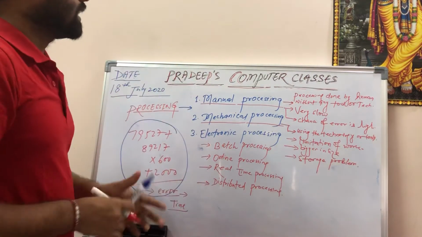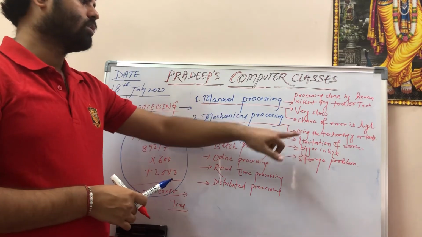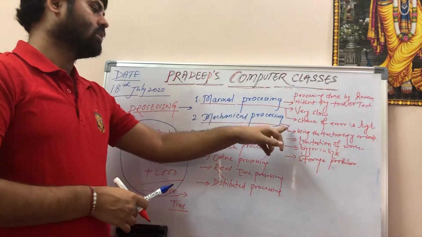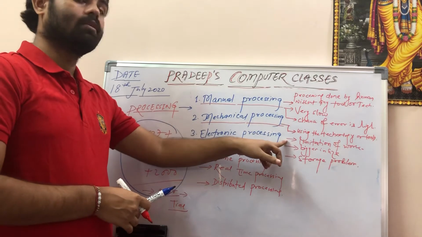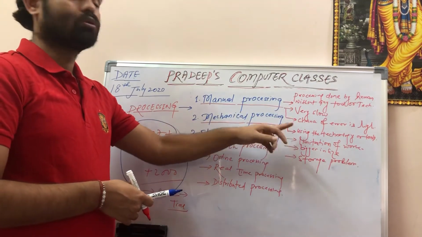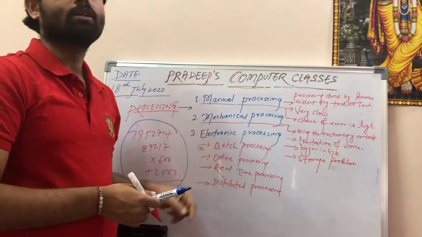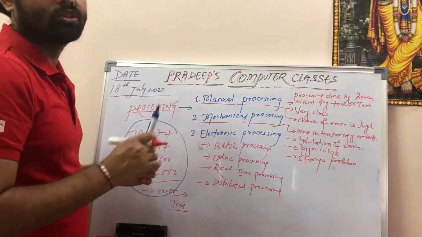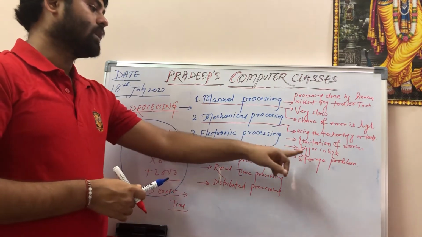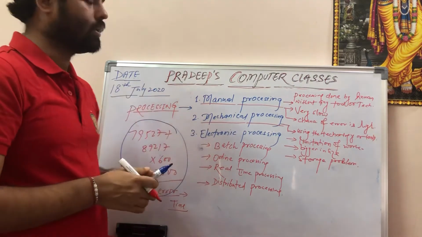In manual processing there was the problem of slowness, but in mechanical processing that slowness is gotten rid of. We are not facing the slowness problem, but another problem is the limitation of work. You cannot do extra work, there is a problem with storage, and it is bigger in size to keep somewhere.